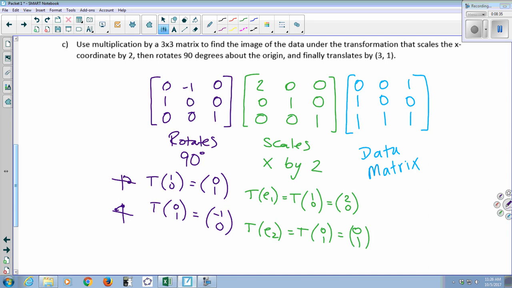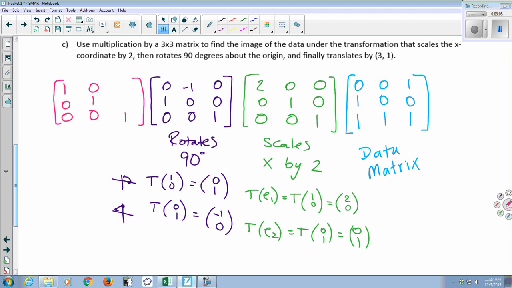All right, and then the last thing is the translation by 3, 1. So translations work differently. They don't have the 0, 1, L thing. They do have a different rule. You put 1s on the diagonal, 1, 1, 1. Put 0s everywhere else.